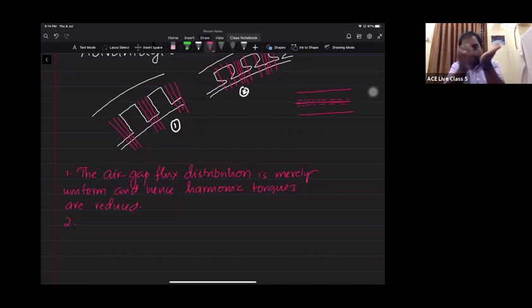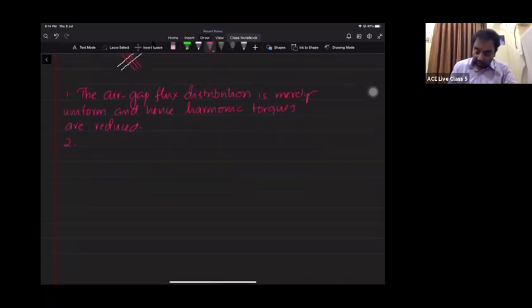Why? Because it is partially closed, it is occupied with the core. You can see here, this is the air part, but here it is a core part. Then the amount of air in the total length is reduced. When the air content is reduced, what happened to the average length of the air gap? Reduces. When average length reduces, what happened to the reluctance? Decreases. The power factor will be improved. That means when compared to the open slots, the power factor will be more, right? So can I say the average length of the air gap is reduced?